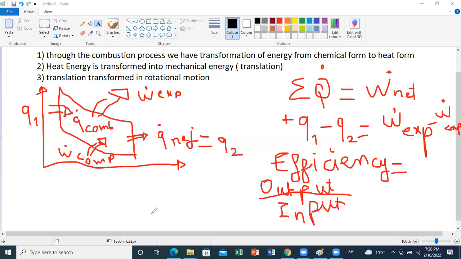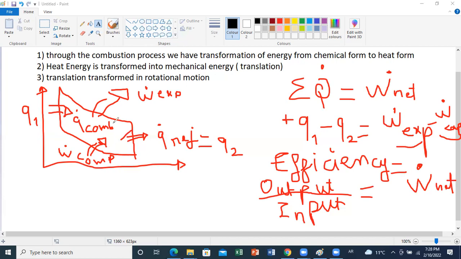Your purpose is to produce work. So your output is the net work delivered by the system. So your output here is equal to W dot net, which is the net work I am able to produce, given by W dot expansion minus W dot compression, which is equal graphically to this area.